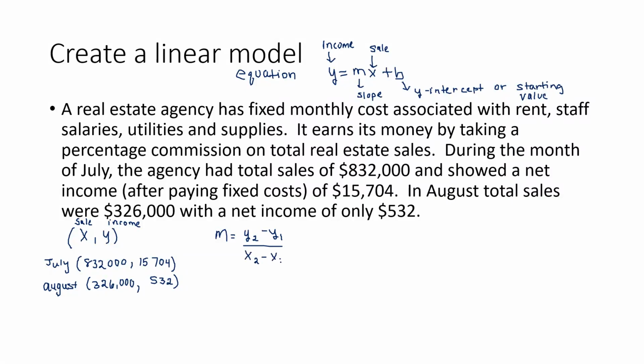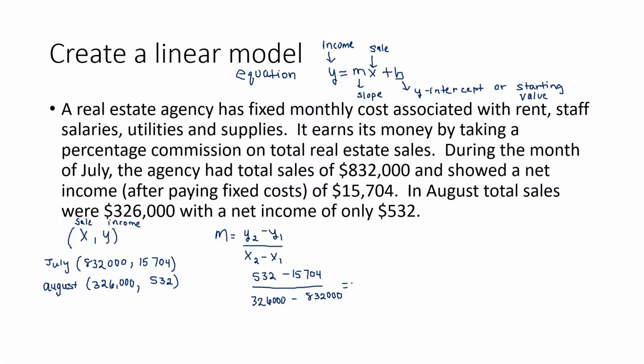And so taking my ordered pairs, my y2 is 532 minus my y1 is 15,704, using the same pattern, so 326,000 minus 832,000, and I go ahead and do my math on all that.